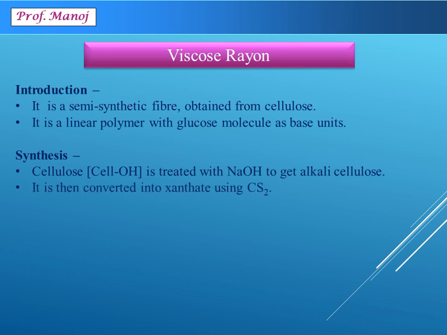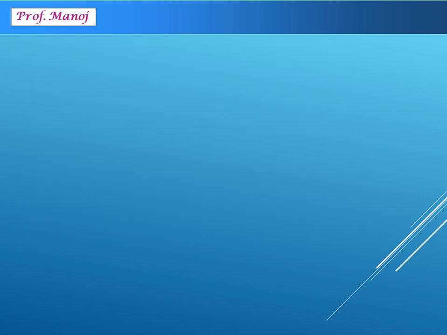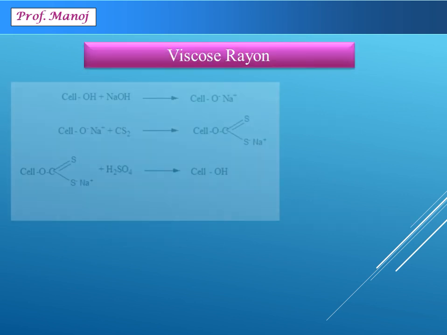It is then converted into a chemical called xanthate using carbon disulfide in the second step. On mixing this xanthate with dilute NaOH, we get viscose rayon solution. This is then passed through spinnerets of a spinning machine into an acid bath, and we form viscose rayon fibers. Let us imagine this with a better example and structures.